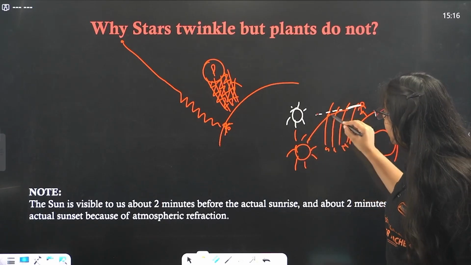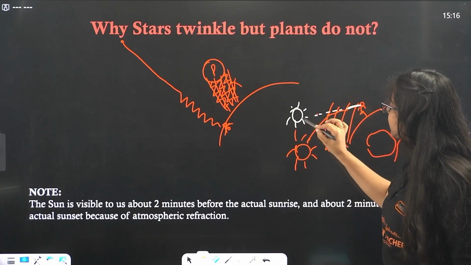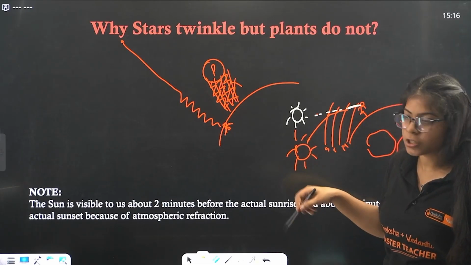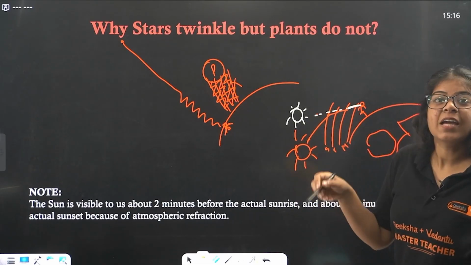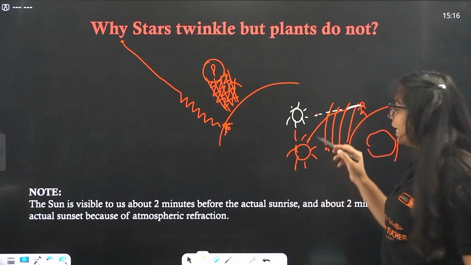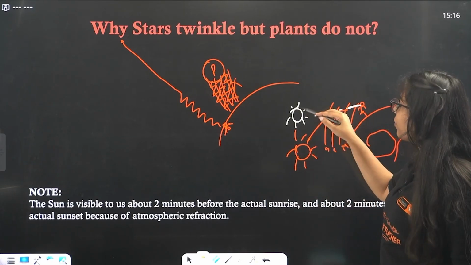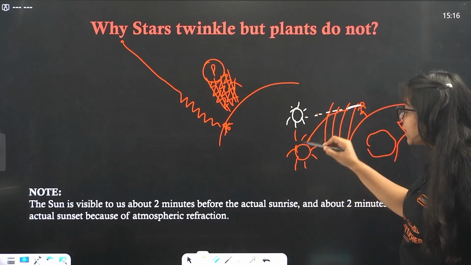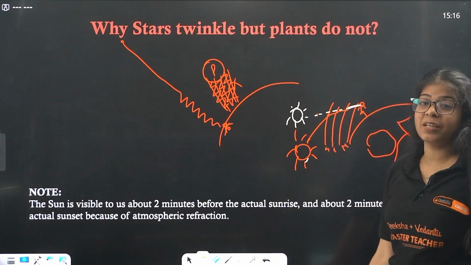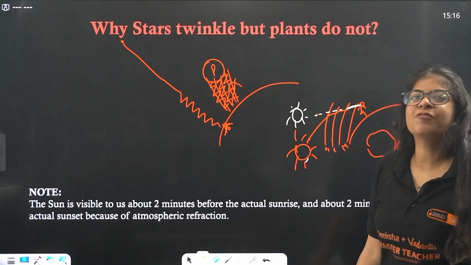But the rays coming are refracting. So if I trace it back, it looks like the sun is here. So the sun has already set 2 minutes ago, but I can still see the sun even when it has set. And similarly the case goes for sunrise. It has not come up yet, but the light is refracting. I can see the sun, yet it is not there yet. I can see in the future.